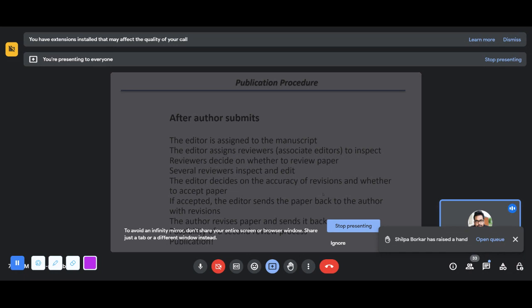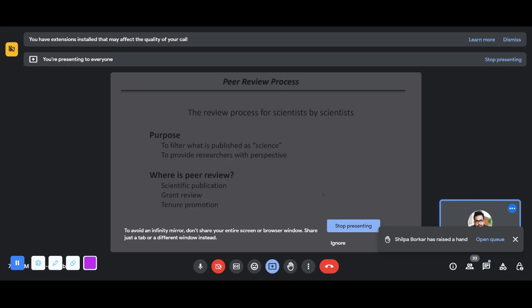What we have discussed is the things that have to be taken care of while writing a paper. Now, these are the peer review process I was mentioning. The purpose of the review process is to filter what is published as science and to provide researchers with perspective.